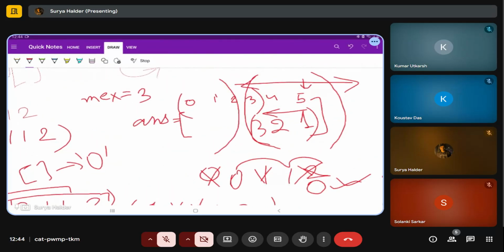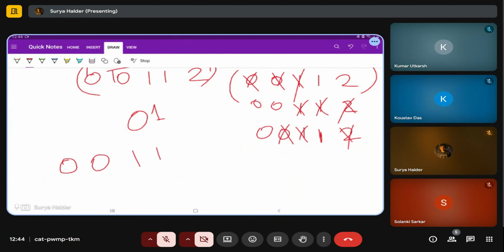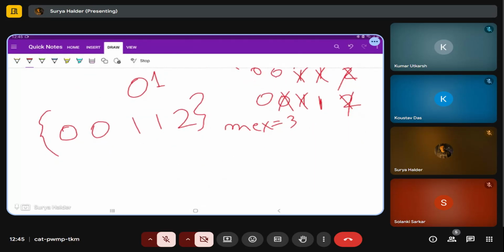So for the left part, for 0 removal, obviously my answer is 1. I will not be removing any element and my max will be equals to 3. So now for k is equals to 1, I am telling that answer of i is equals to answer of i minus 1. i minus 1 was 1 because I made one removal last time, plus how many elements are having count 1?